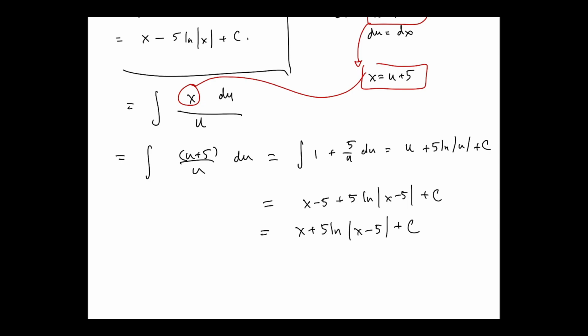All right, so where did the 5 go? It's there, it's just hidden. What does plus C mean? It's some unknown constant. Well, what's minus 5 plus an unknown constant?